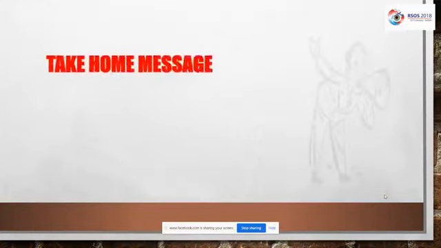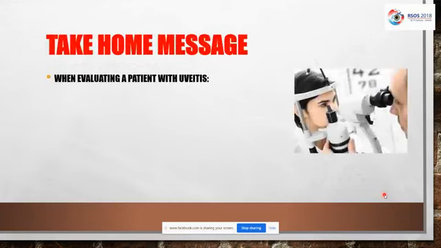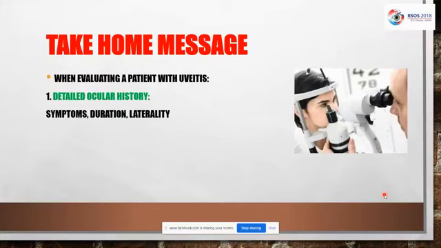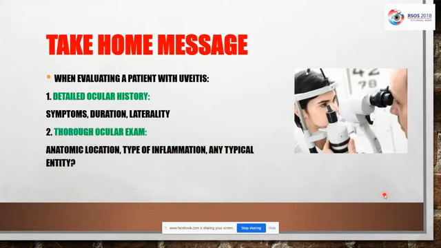So my big message for uveitis patients. When you're evaluating a patient with uveitis, a detailed ocular history, symptoms, duration, and laterality are very important. Thorough ocular examination, anatomic location, type of inflammation, and any typical entity should be reported.